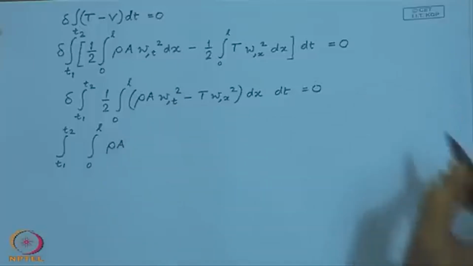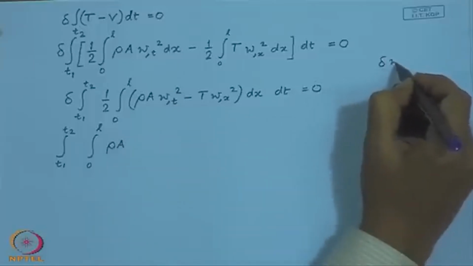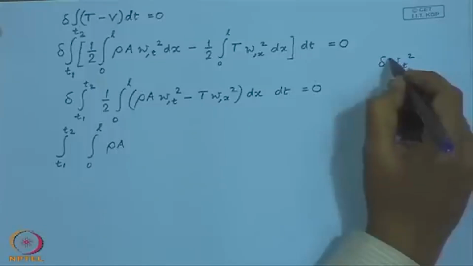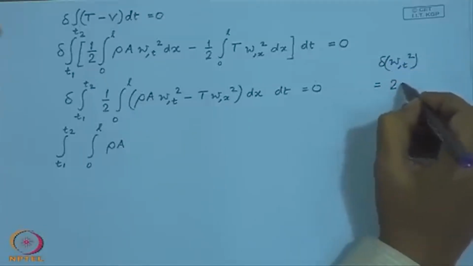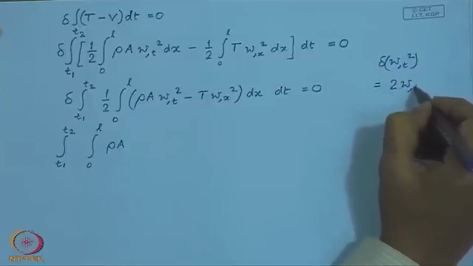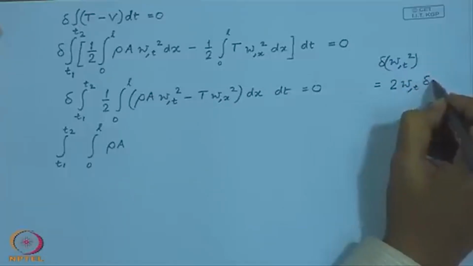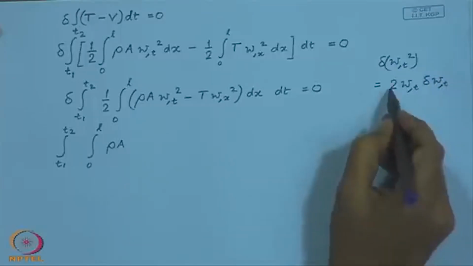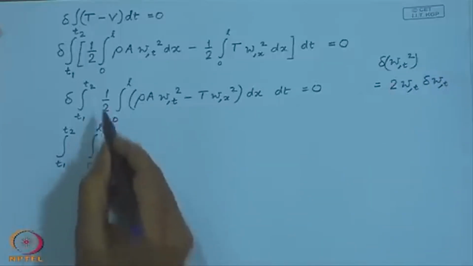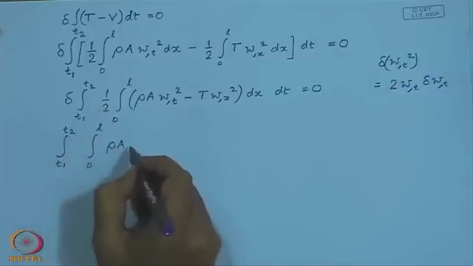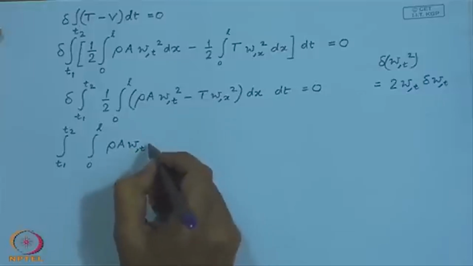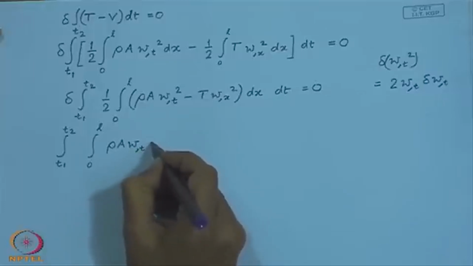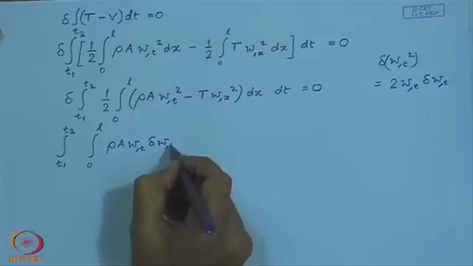When I operate, that will give me 2 times del w del t delta of del w del t. Now, this 2 will cancel with this half. So, I am writing out the expression after such a simplification.